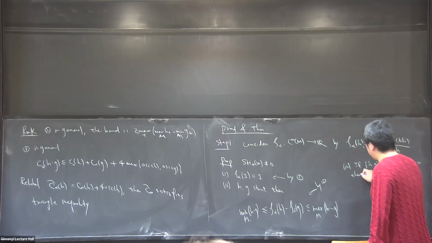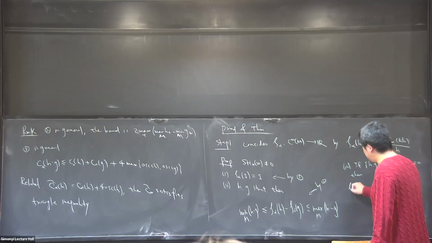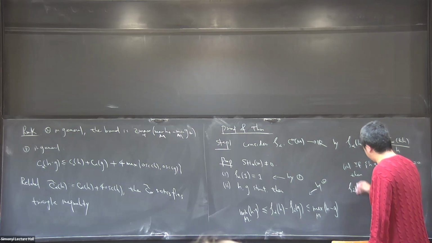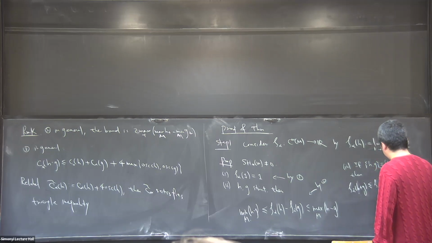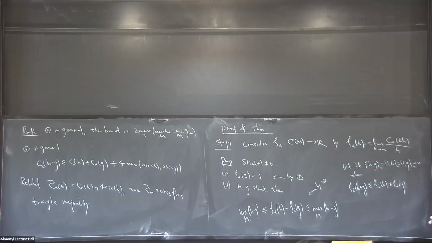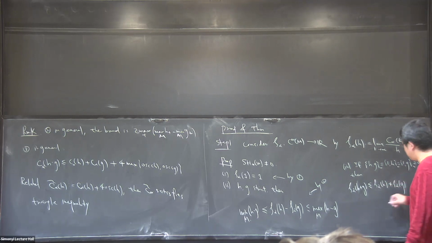Then we have zeta alpha of h plus g smaller or equal to zeta alpha h plus zeta alpha g. So we actually tried to prove something stronger than this. It's not just this. There's another more advanced formula for that, but unfortunately we failed. There's some tricky thing that at the end of the talk I can explain. But this is already enough for our purposes. This actually comes from Polterovich, besides this one.